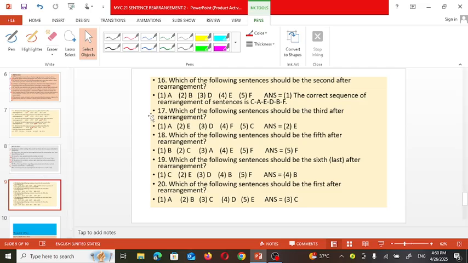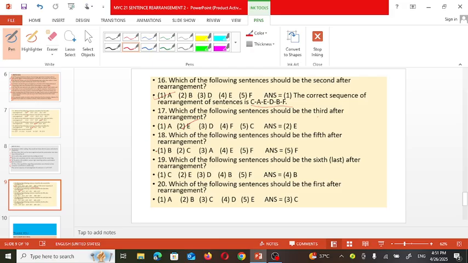With the help of this sequence, you are able to give the answer to this question. Which of the following will be the second in this arrangement? The second statement can be A, because the sequence we have decided is C, A, E, D, B, F. So the second one will be A, the third one will be E. For the first question, A is the correct answer.